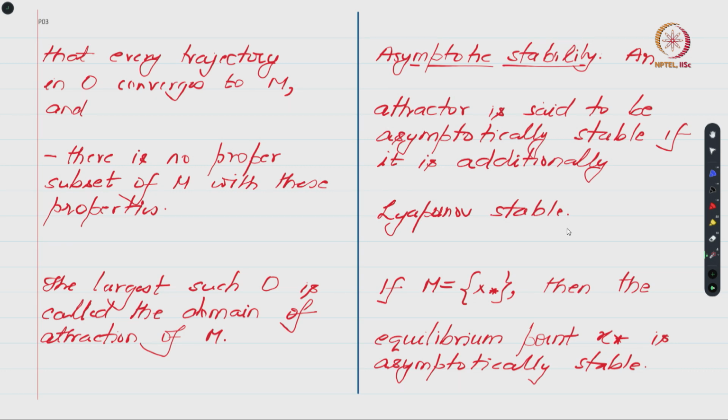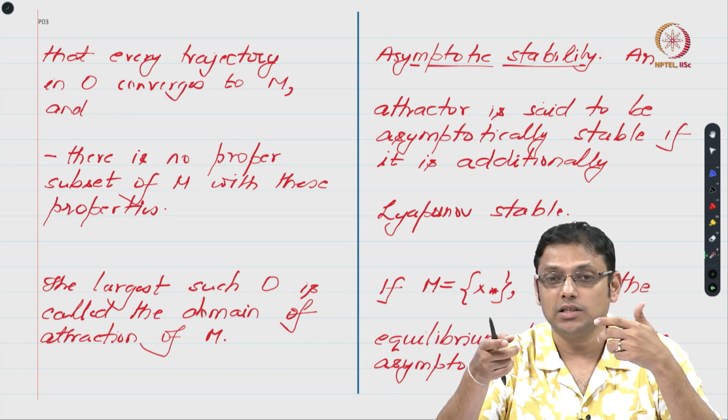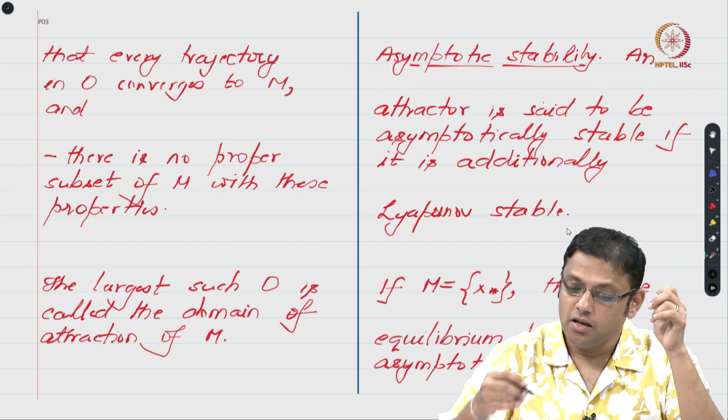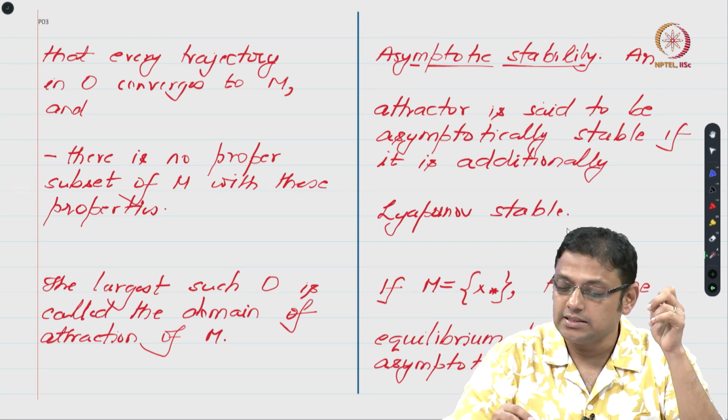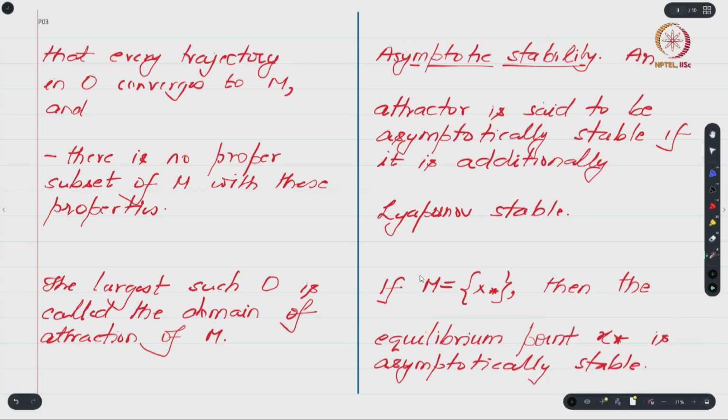By Lyapunov stability, recall, it means that for every epsilon we need a delta neighborhood of M such that if you start within the delta neighborhood, the solution trajectory remains within this epsilon neighborhood. When you additionally ensure this Lyapunov stability, we will say that this attractor is asymptotically stable. And when this attractor M consists of only a singleton x star, then instead of saying that the set is asymptotically stable, we will simply say that the point x star itself is asymptotically stable.